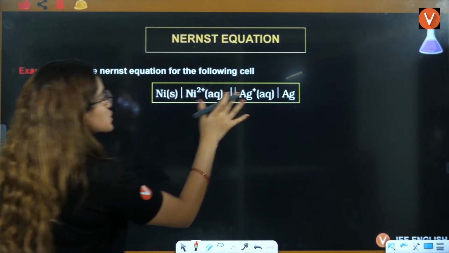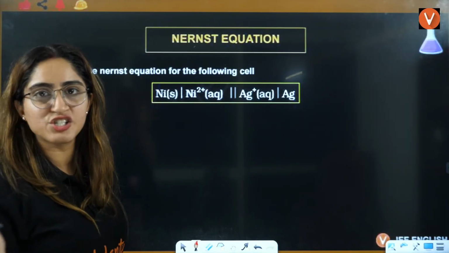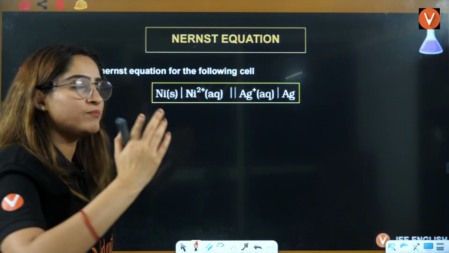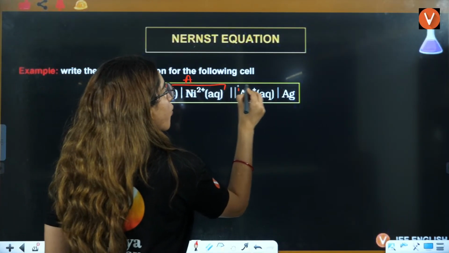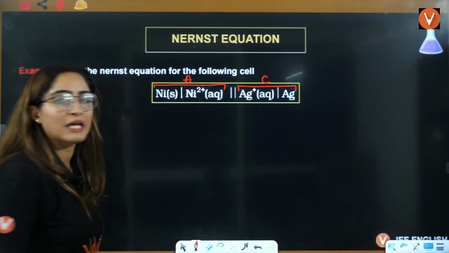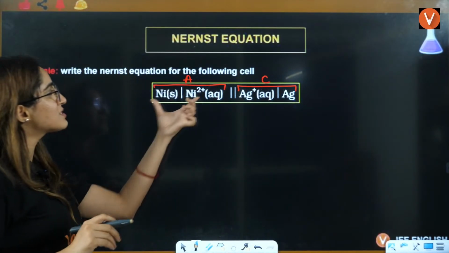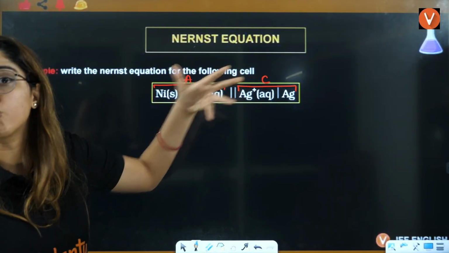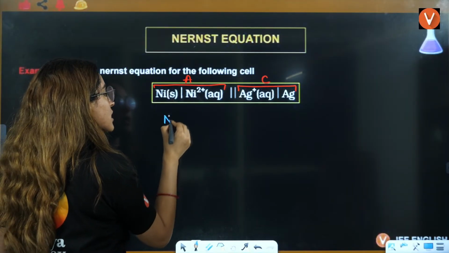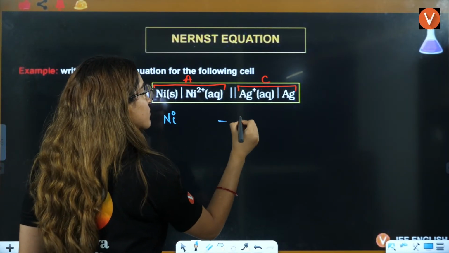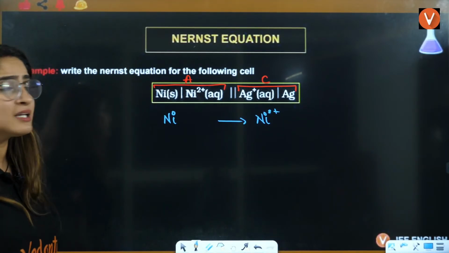If you see this particular cell representation here, I told you it is always anode and then cathode. What is written on this side always denotes the anode, and what is written on this side denotes the cathode, right? Now, if it denotes the anode, then nickel is getting converted to Ni positive.